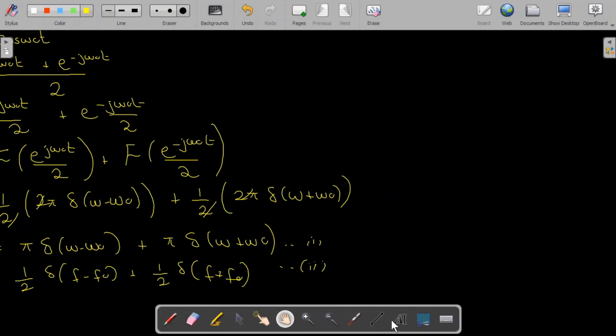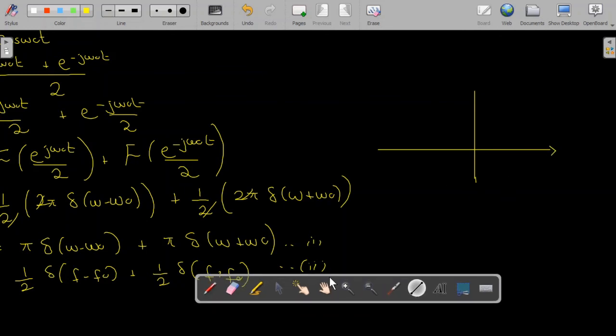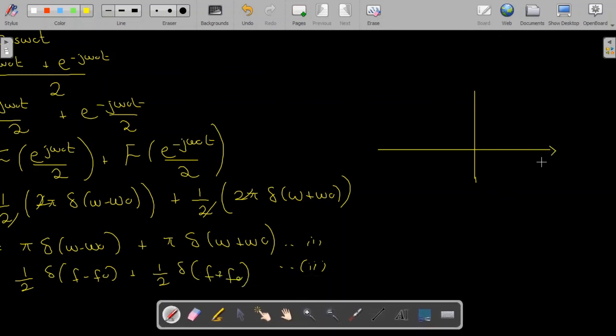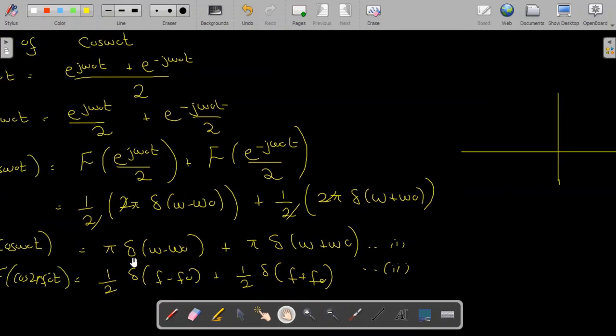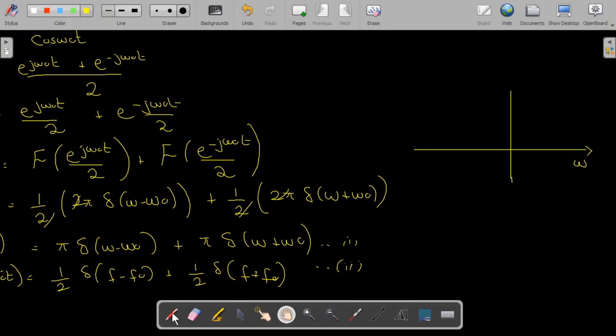So if we have a frequency domain, this is my frequency domain. If this is my angular frequency domain, in that case we are going to have the amplitude of pi and pi for the impulses at omega naught and minus omega naught.